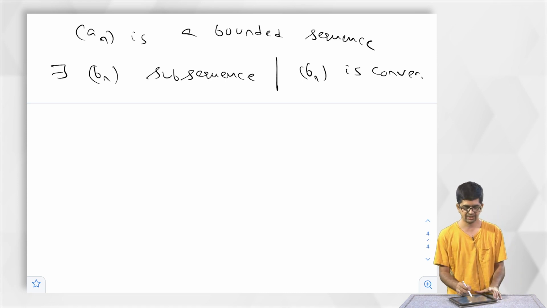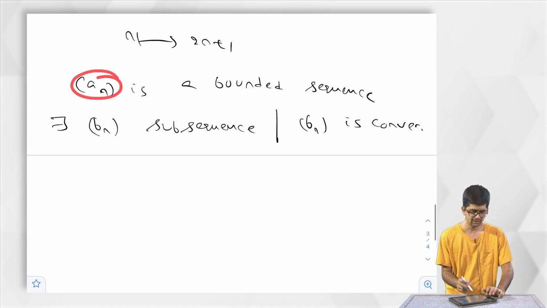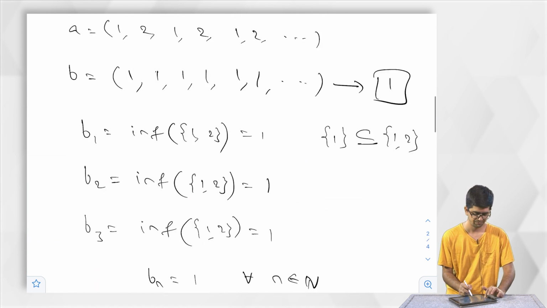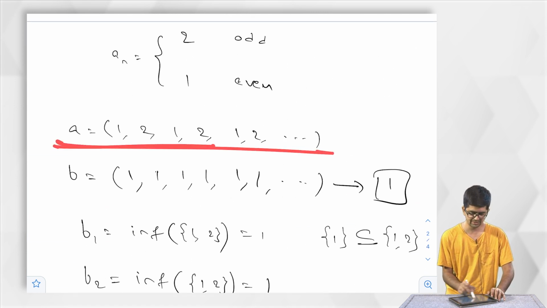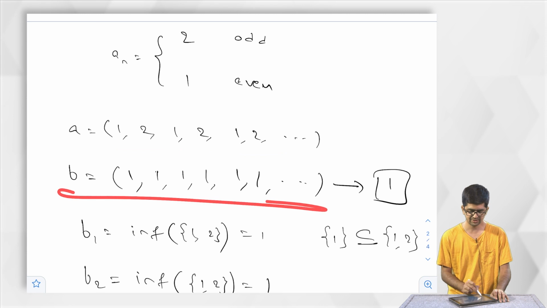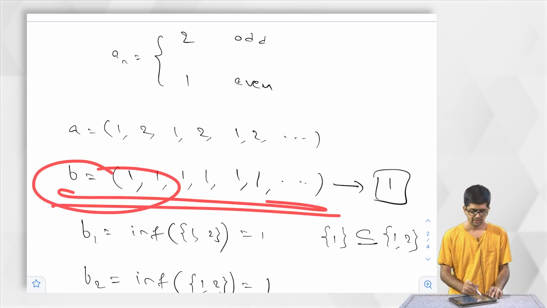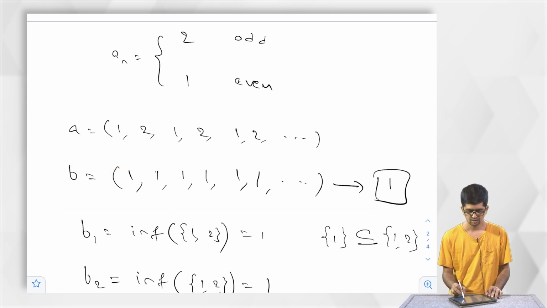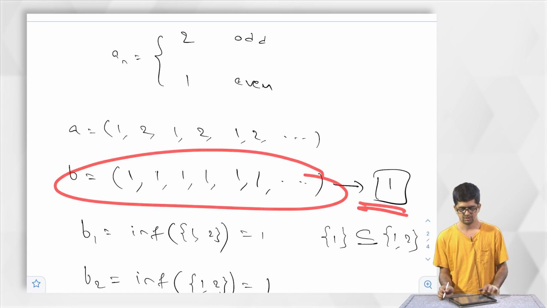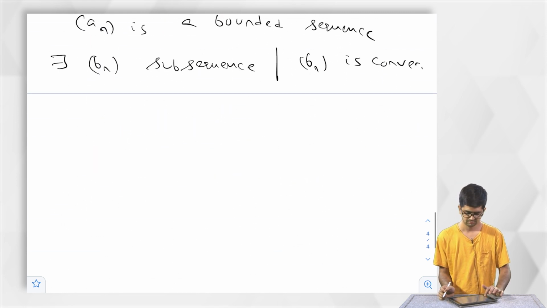This is what we have observed here, right? An is this sequence, B is this sequence. We have seen that B is a subsequence of A and B converges to some element. That is what you have written here.